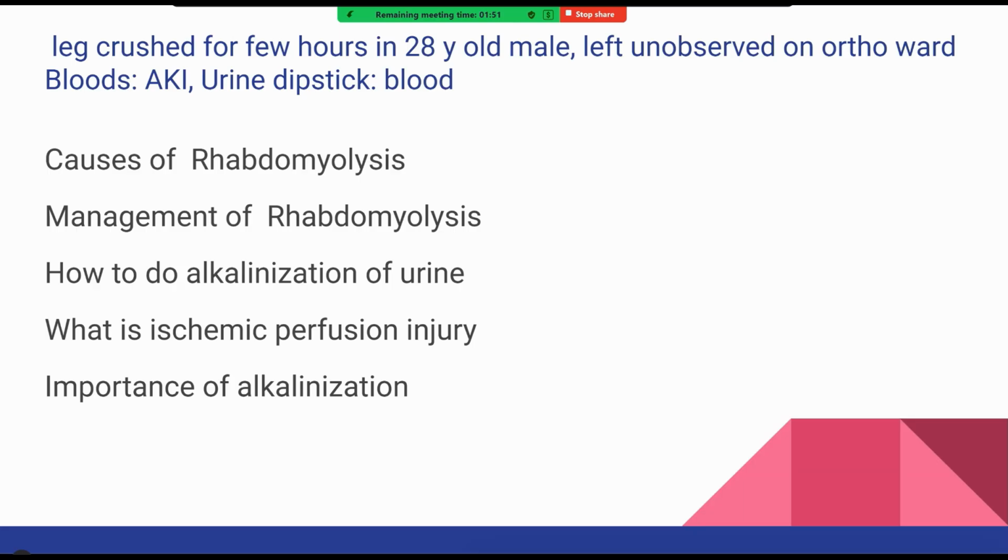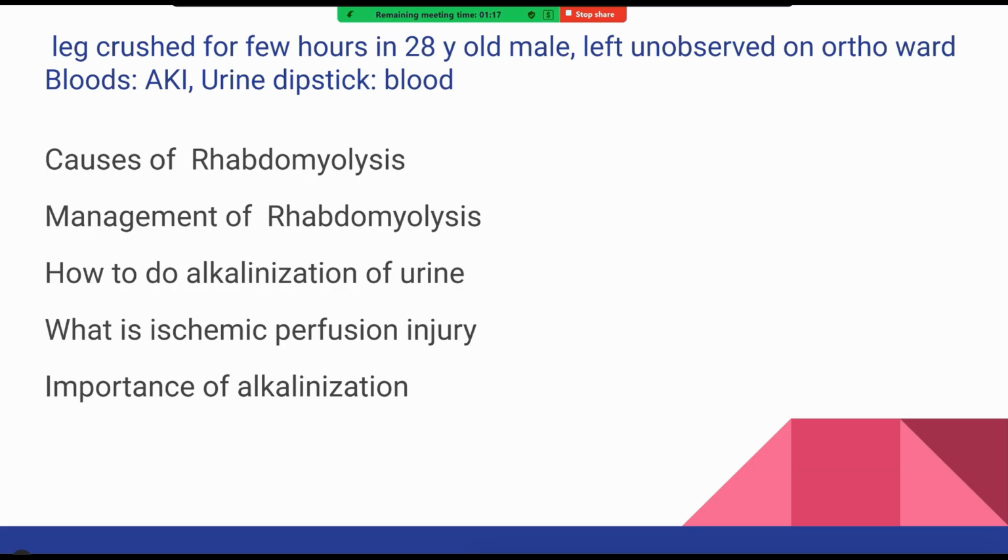Okay. So how will you perform the alkalinization of the urine? Okay, for alkalization of urine, I will use sodium bicarbonate. And what is the importance of this alkalinization? This alkalization of urine will prevent the formation of urinary casts of myoglobin in acidic urine, because in rhabdomyolysis there is associated acidosis.